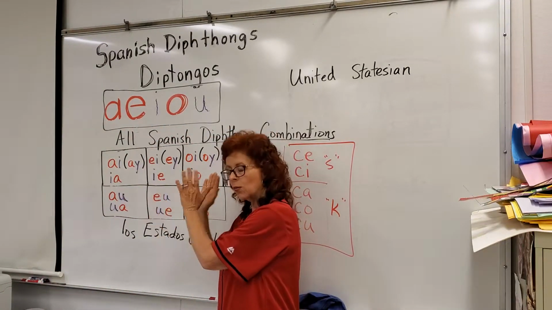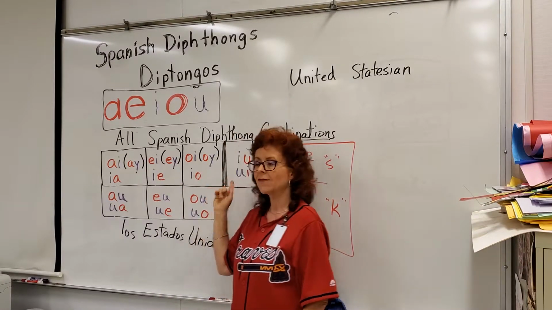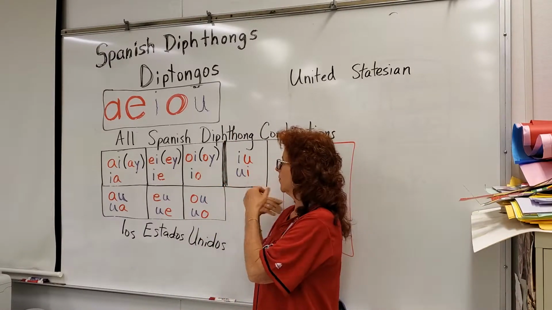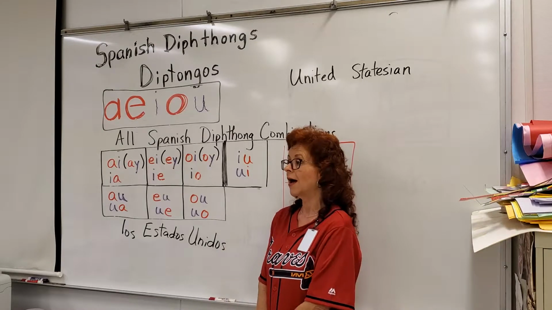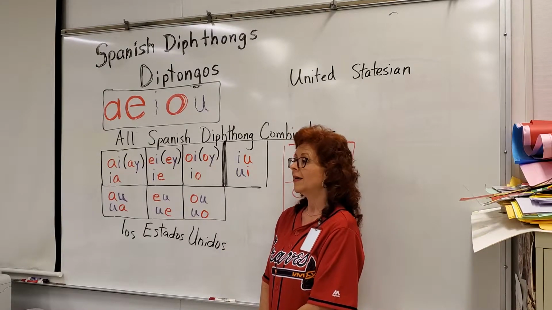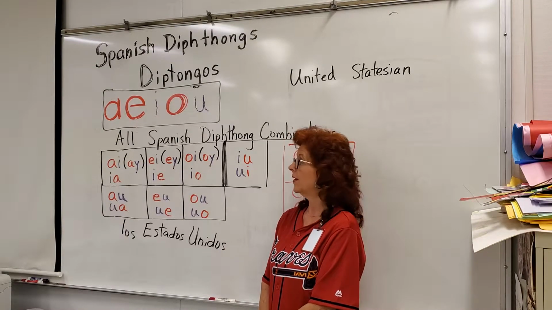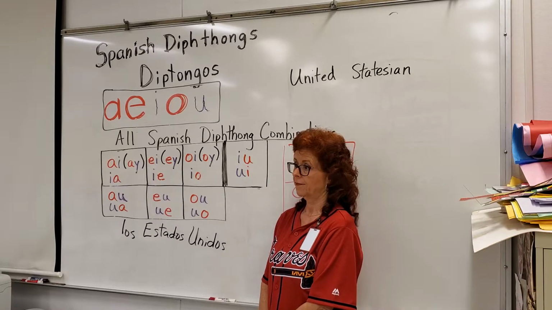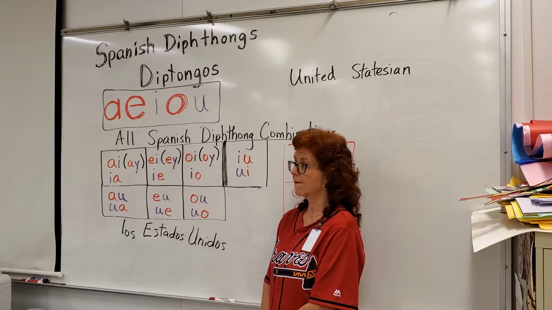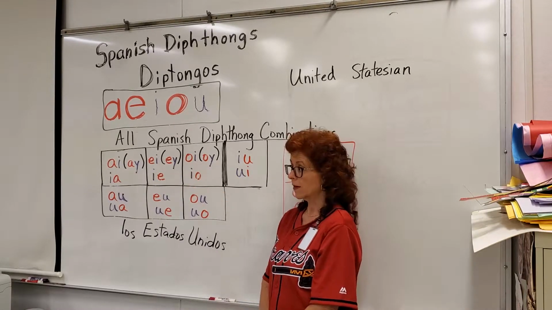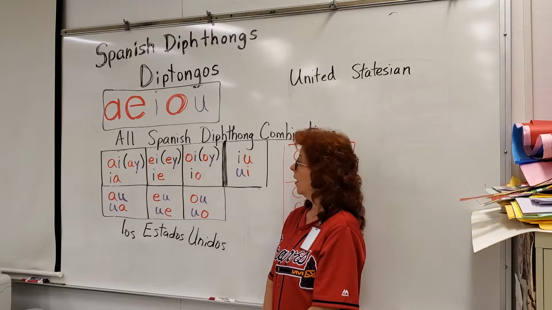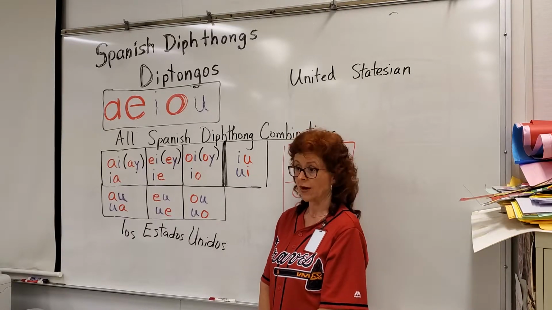All right, so now that covers all 6 of these boxes. But why do I have this 7th box separated with an extra thick line? Can anybody figure out why it is different than the other 6? Okay, it's the 2 weak vowels, right?